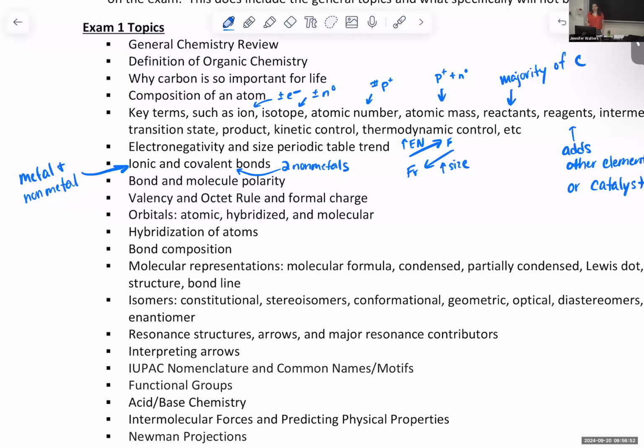So when you're looking at the bond, you need to be able to identify that bond and then also look at the molecular polarity. Remember, if you are 0.4 or less, including 0.4, then that is going to be a nonpolar bond. Greater than 0.4 makes you a polar bond. And then at a certain point, you get so polarized, you have a metal, you become ionic. So we don't care about that upper limit, because the second you see metal, that's it. You are an ionic bond.